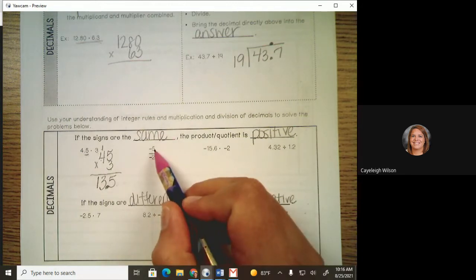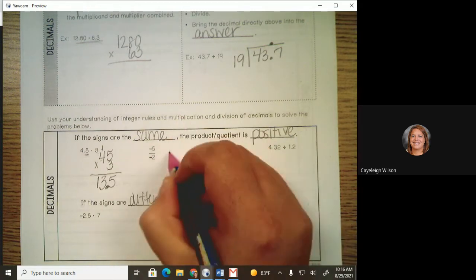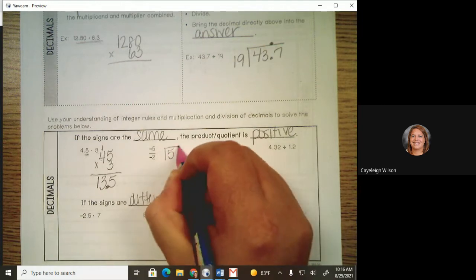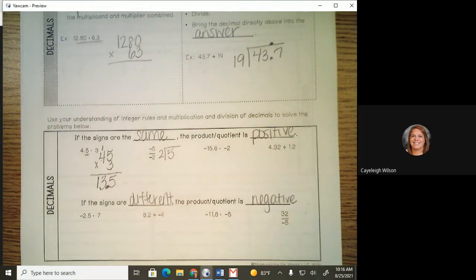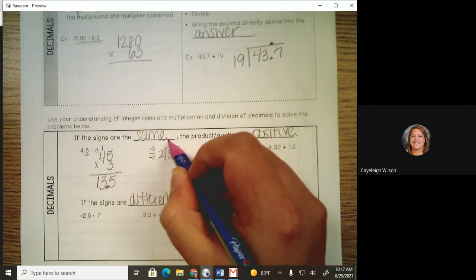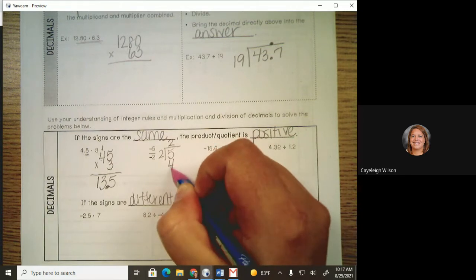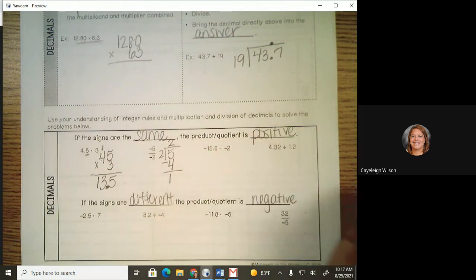All right, this one, -5 divided by -2. So I know that a negative divided by a negative is going to be a positive, and I'm going to divide 5 by 2. All right, 2 goes into 5 2 times. 2 times 2 is 4. I subtract and I get 1.